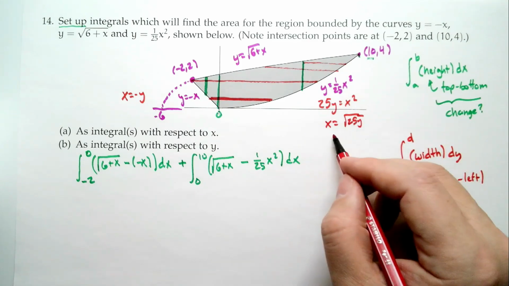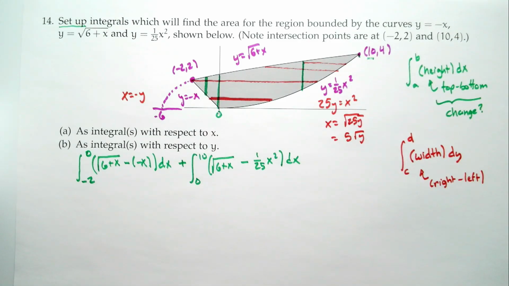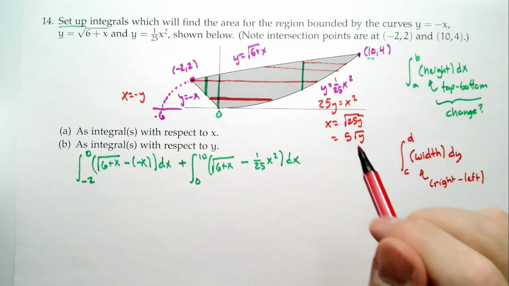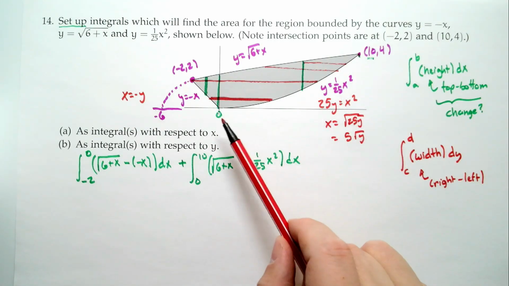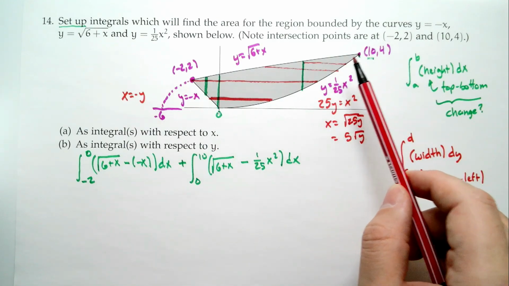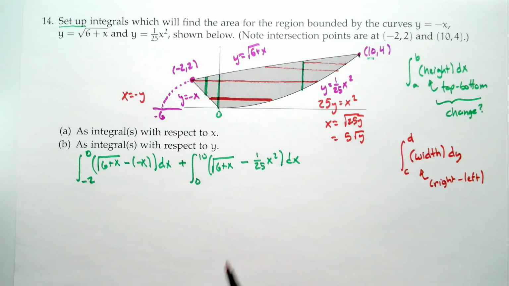Or if you like, that could be 5 square root of y. Now you might say, oh, wait a second, you forgot plus or minus. Okay, good point. It could have been plus or minus, but notice that we're in the place where x is positive. And therefore we're on the positive side. So it is definitely the plus side.